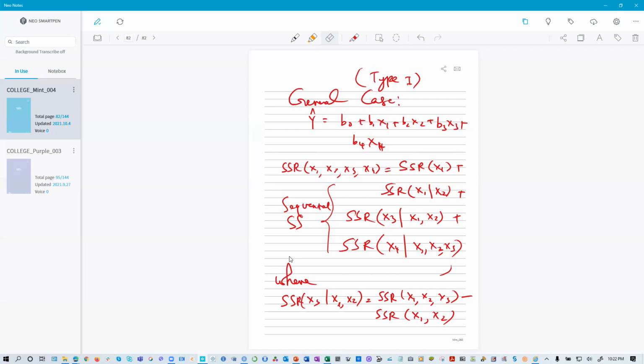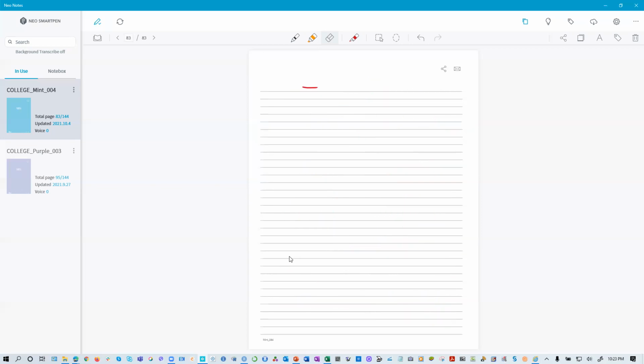And on the other hand, in type 3, if I write this real quick, type 3, not type 2. I'm gonna skip type 2. Look at SSR. Whatever you see is like this: x1 given x2, x3, x4. Not one at a time. Every time, everything has been taken into account.